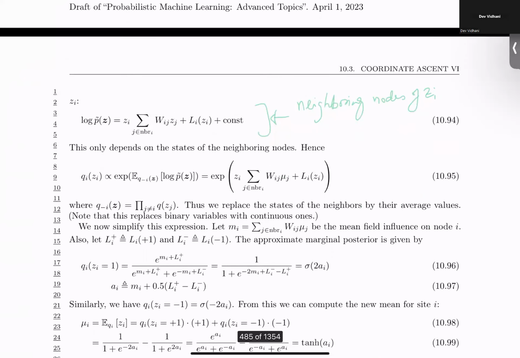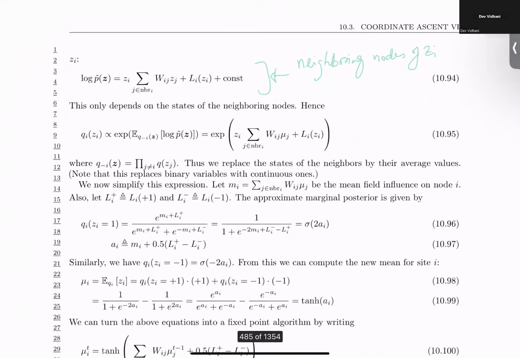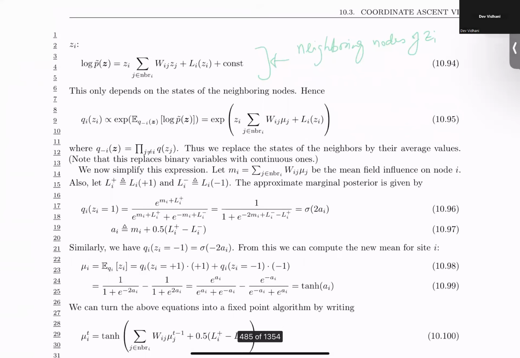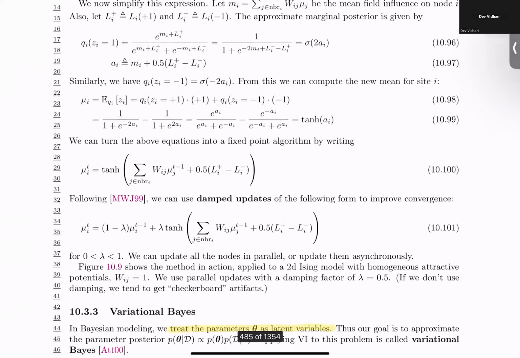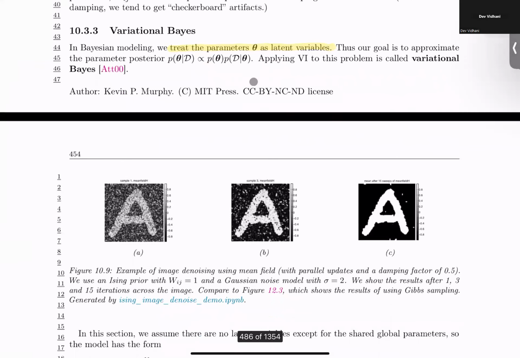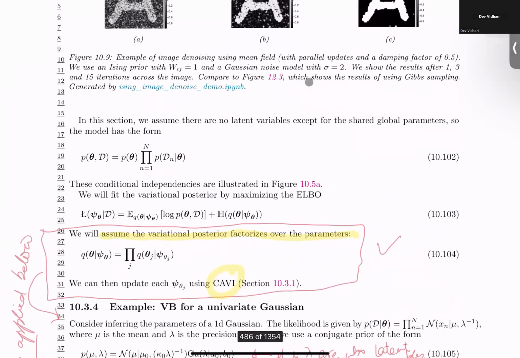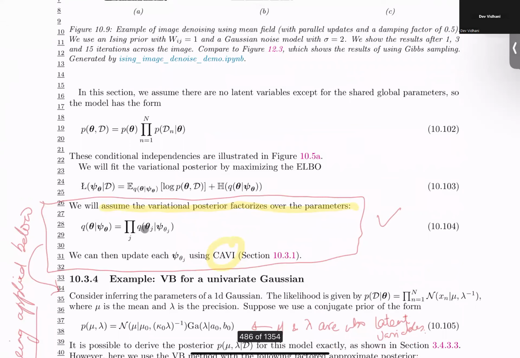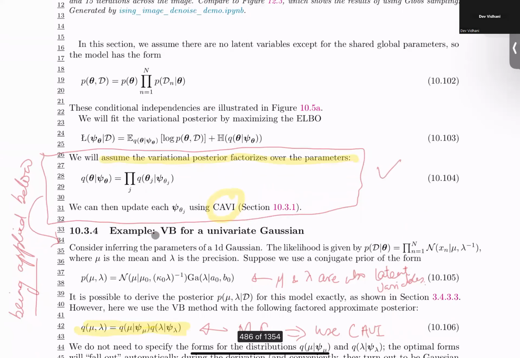So the distribution is the product of individual latent variables' distributions. And as mentioned earlier, if you treat theta as the latent variables, then the whole new modeling comes in. But if you assume that those are all independent, then you can assume that the variational posterior factorizes over the parameters if it is a mean field variational inference estimation.